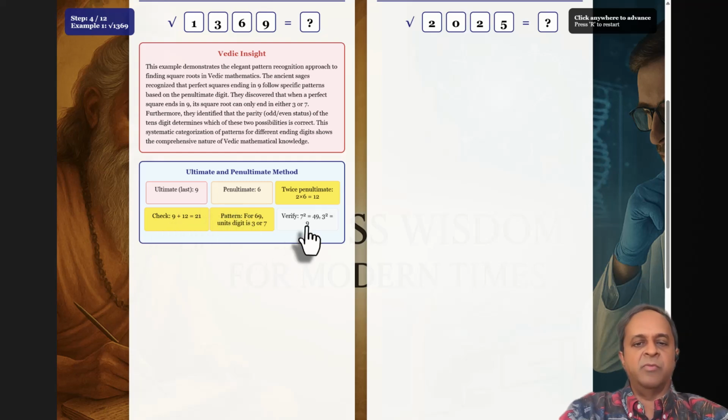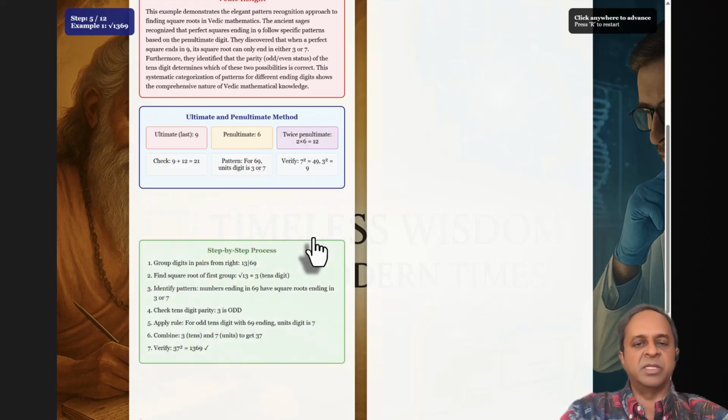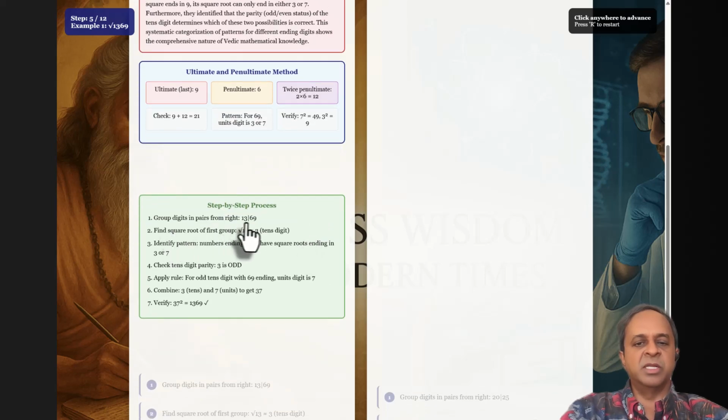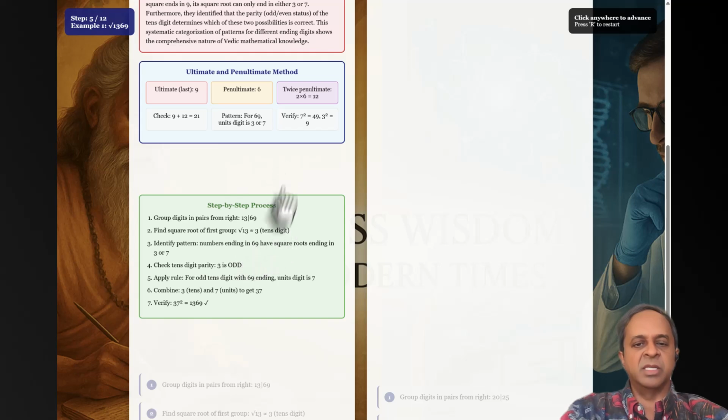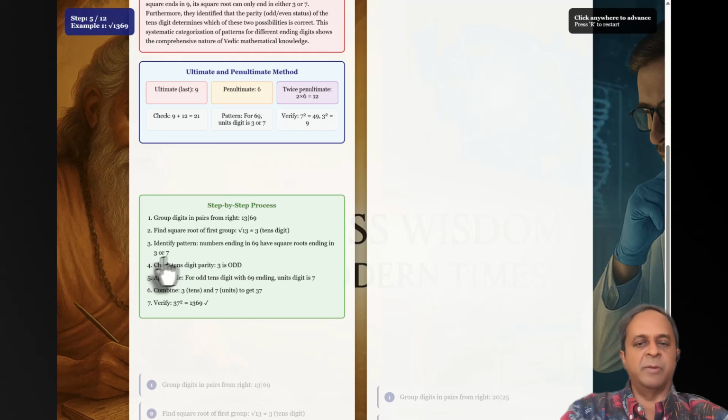Again, if we look at the details of the steps, we group the digits of 1369, we take the first group 13, and the closest square root is 3. That means the tens digit of the solution is going to be a 3. The numbers ending with 69 have a square root ending in either 3 or 7. Now check the tens digit parity. 3 is odd.